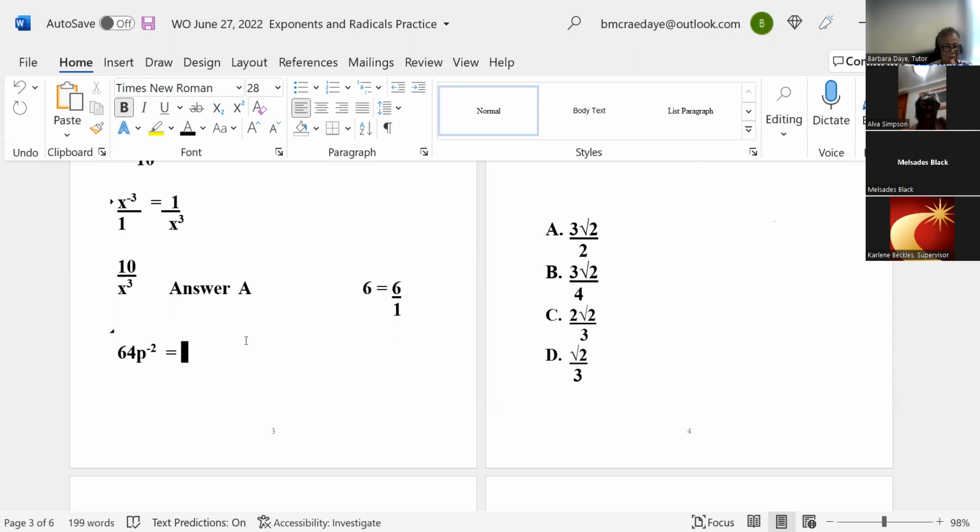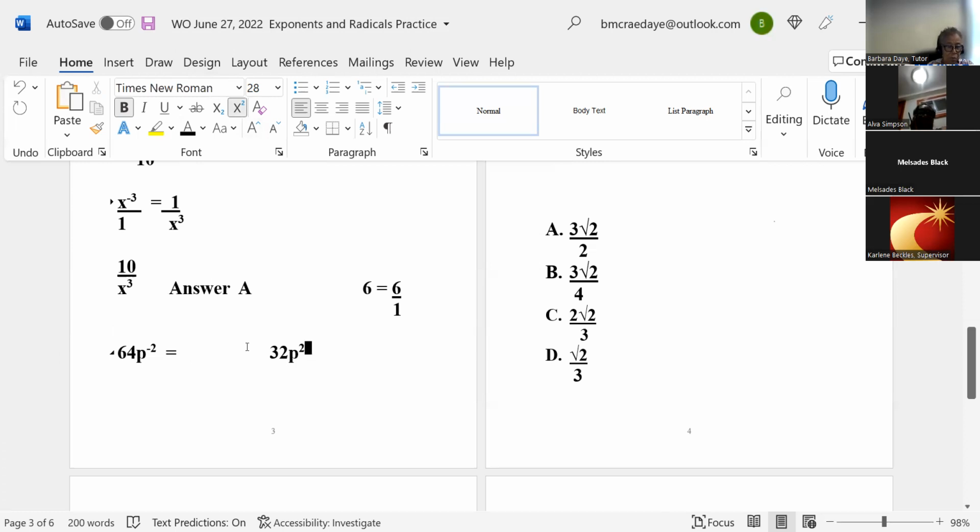She said 64p to the minus 2 power. This is what Mercedes says, 32p to the second, and she's saying this is equal to that. I'm asking you, what is 64p to the minus 2 equal to, Alva?